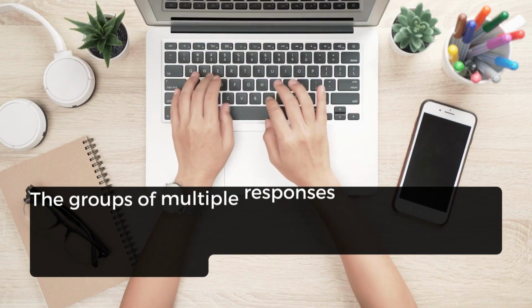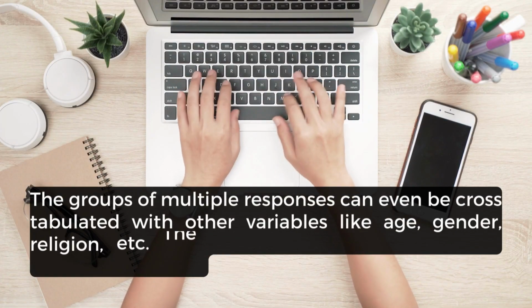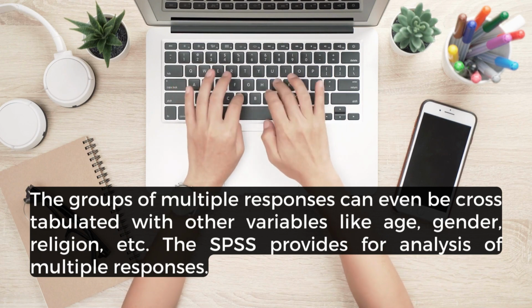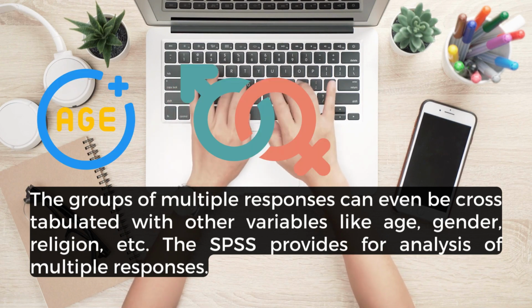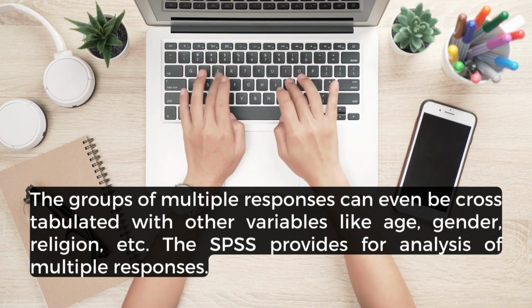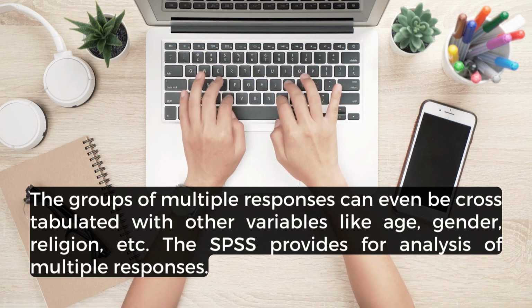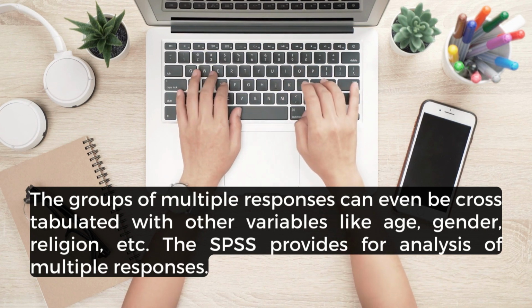The groups of multiple responses can even be cross-tabulated with other variables like age, gender, religion, etc. SPSS also provides for analysis of multiple responses. Strictly speaking, content analysis and analysis of multiple responses do not really qualify as qualitative analysis. You can call them analysis of qualitative data.